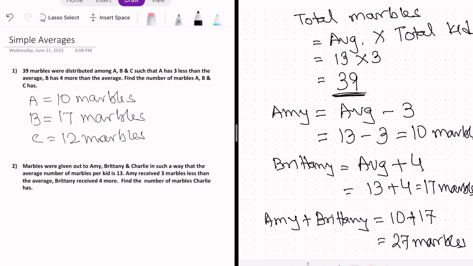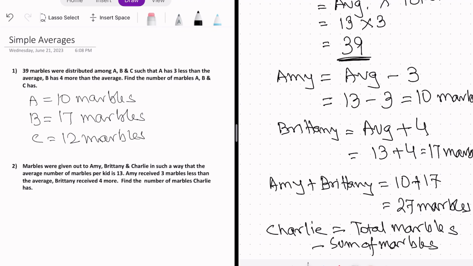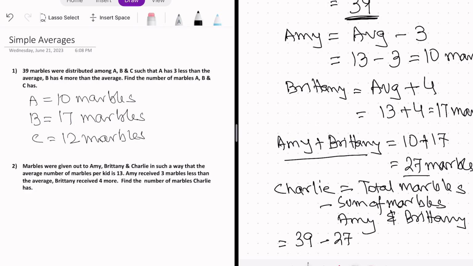So from here we can find that Charlie must have the remaining ones, which is the total marbles minus the sum of marbles that Amy and Brittany have. So if I do this calculation, total number of marbles we know is 39 minus the sum of marbles between Amy and Brittany is 27, and that leads us to 12.